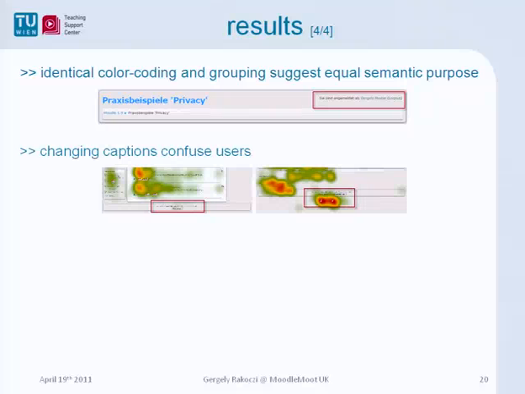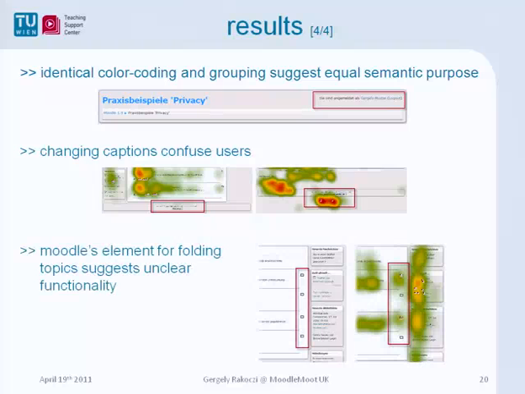This is a sort of back button in Moodle, and there are always different captions in there, and you see that they were fixated a lot. Students reported to me after the eye tracking test that they couldn't really recall the function because it was always something different. So from then on, they ignored this function here at the bottom. So changing captions is not a good solution.